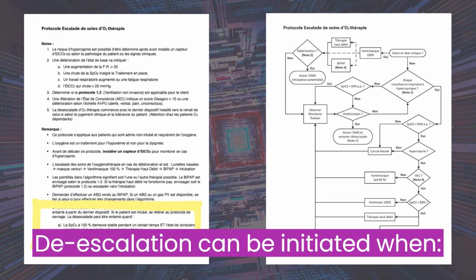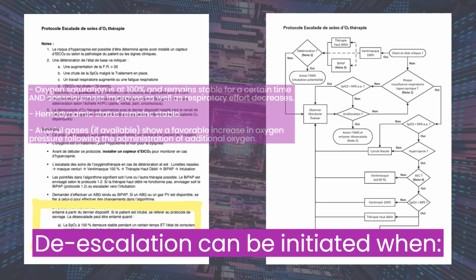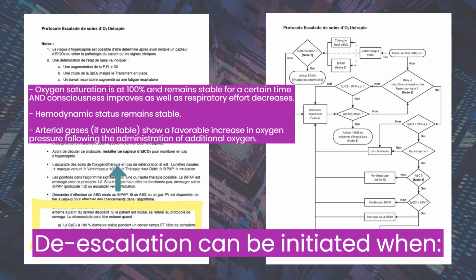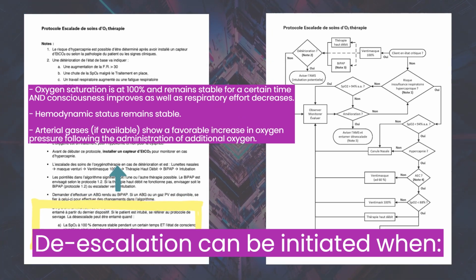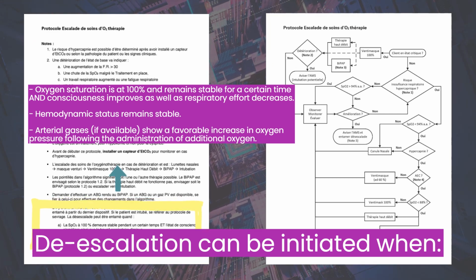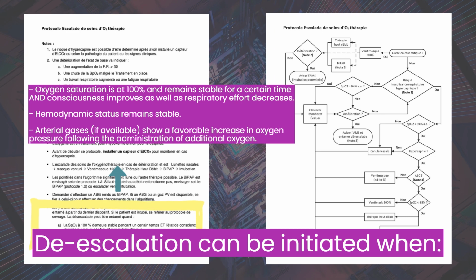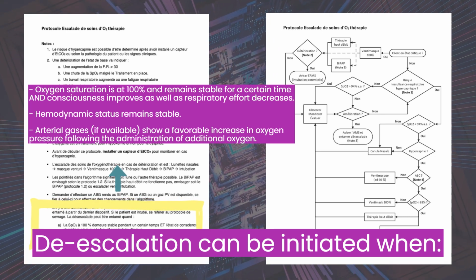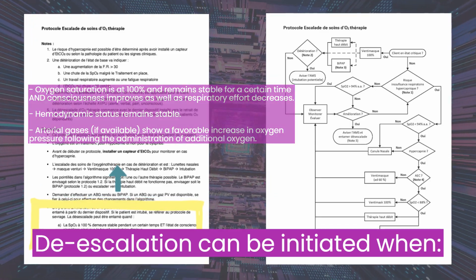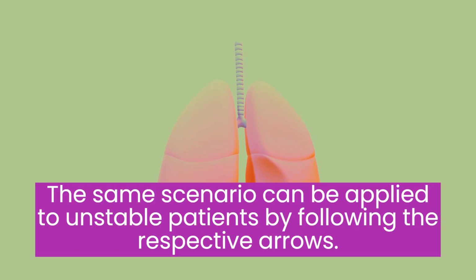De-escalation can be initiated when oxygen saturation is at 100% and remains stable for a certain time and consciousness improves as well as respiratory effort decreases. Hemodynamic status remains stable. Arterial gases, if available, show a favorable increase in oxygen pressure following the administration of additional oxygen. The same scenario can be applied to unstable patients by following the respective arrows.